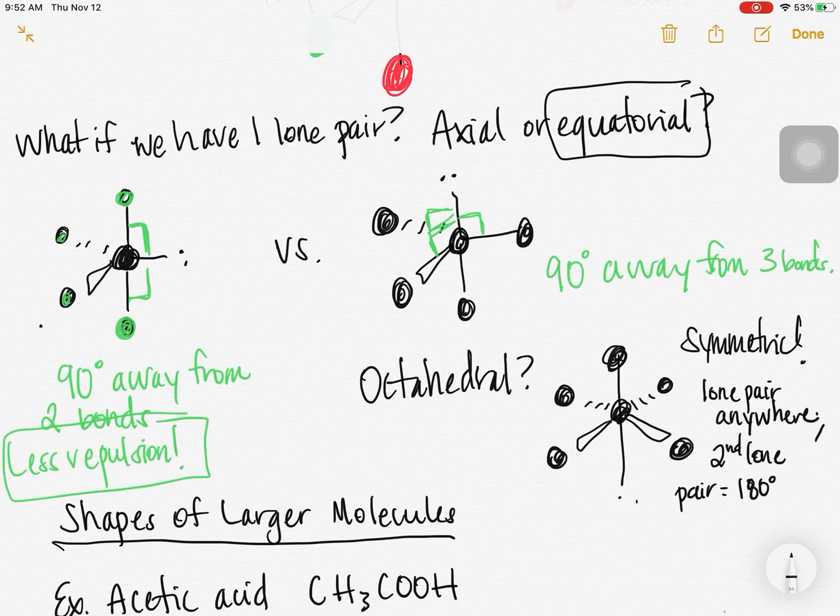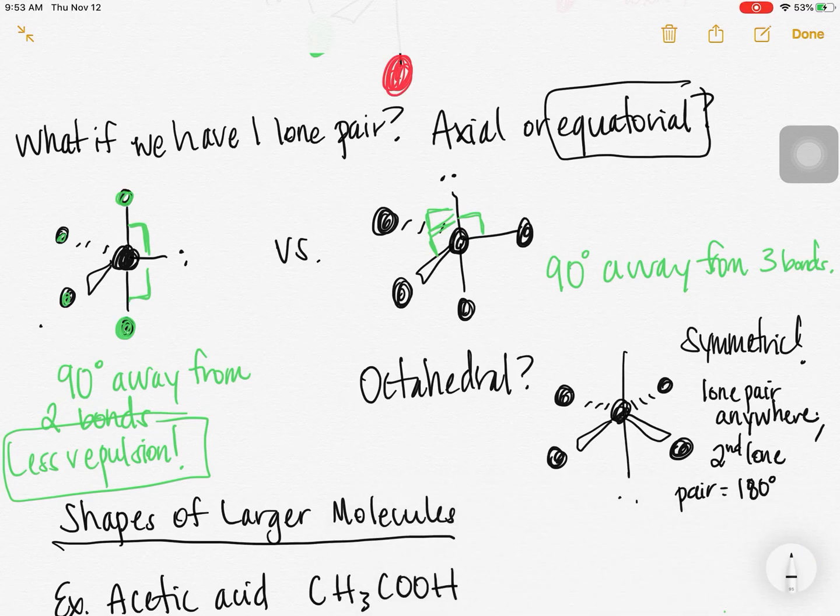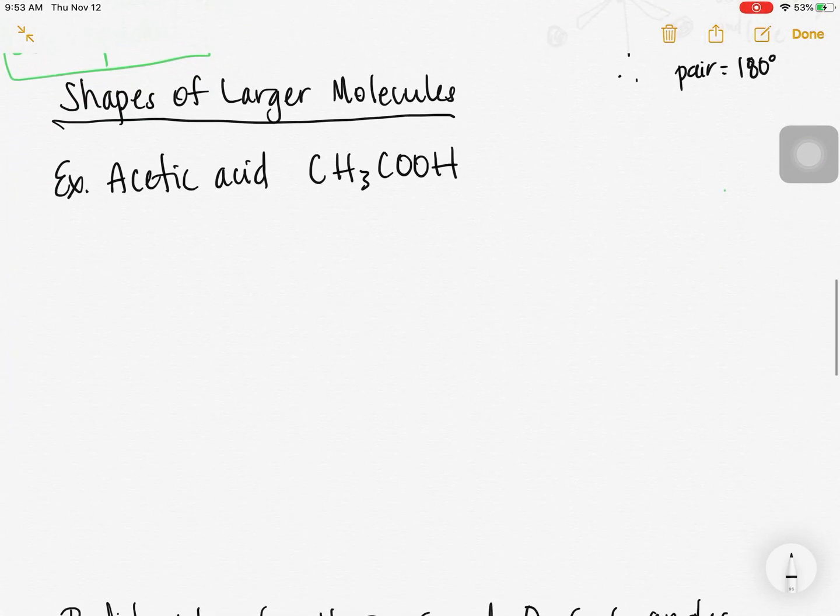Only because we then learn that with 1 lone pair, this is a square pyramid, and with 2 lone pairs, it's always opposite, it's square planar. And so that's the way it works with the octahedral. A much simpler discussion, because the octahedral is a purely symmetric molecule, where the trigonal bipyramid is not. And that's how come in a trigonal bipyramid we have this discussion of an axial versus an equatorial position.